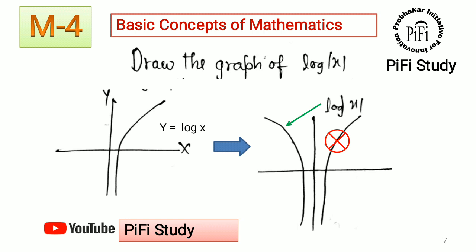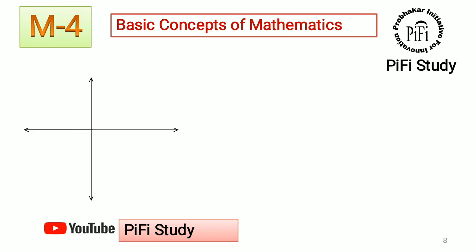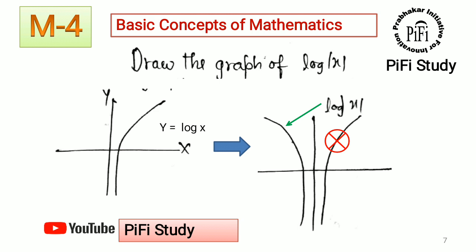So first draw the y is equal to log x graph. Then remove the negative portion. In this case, there is no graph on the negative side of the x-axis in case of y is equal to log x.